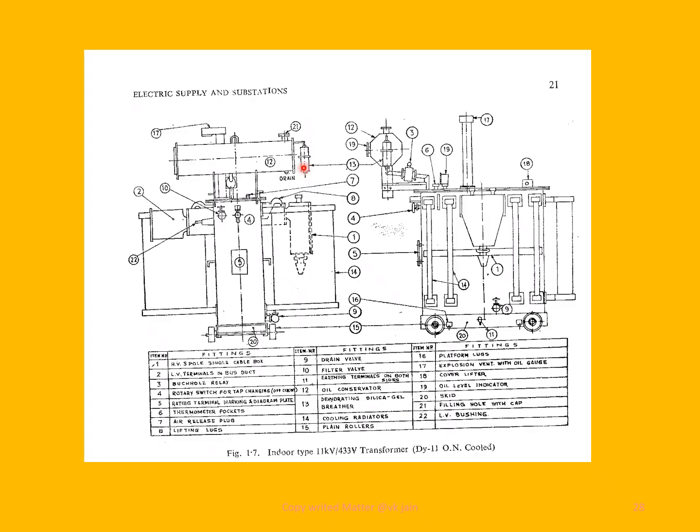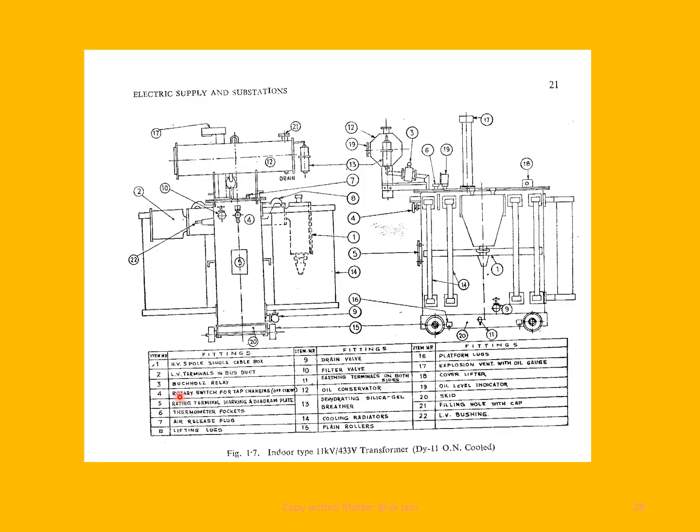When it is blue, it is alright, but when it gets brown or reddish, then the transformer oil is corrupted, and you have to change the transformer oil. You have to get it filtered. This is the drain provided for filtration purpose.